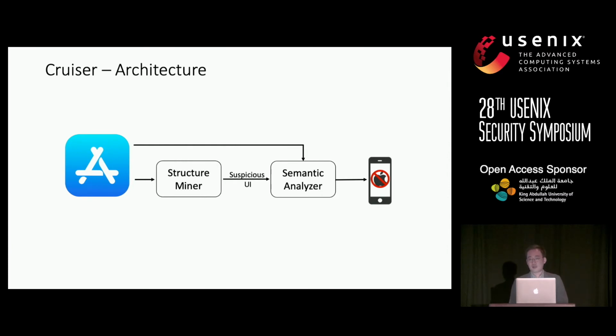After analyzing the labeled view controller graph, it'll come up with a set of suspicious UIs. When we say suspicious UI, we mean potential crowdturfing UI. Once the suspicious UIs are given, the semantic analyzer will analyze the semantics of the suspicious UIs to confirm whether it's a crowdturfing UI or not.